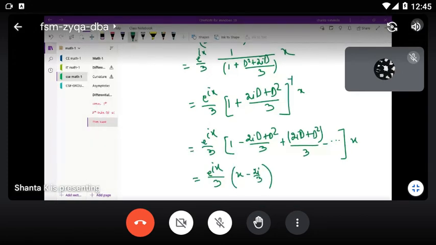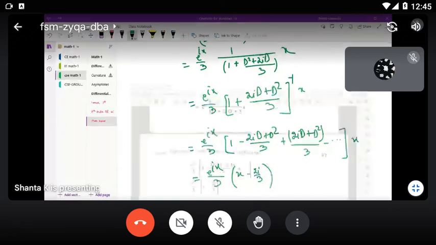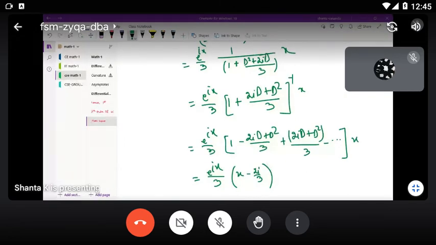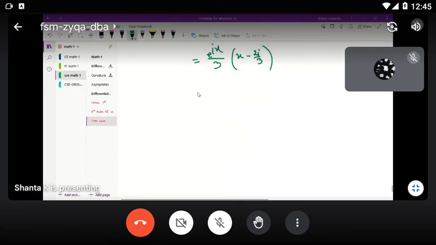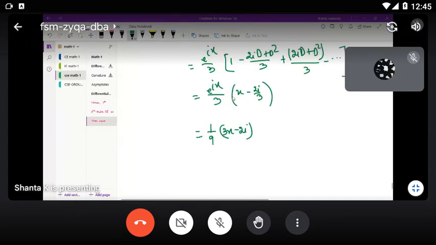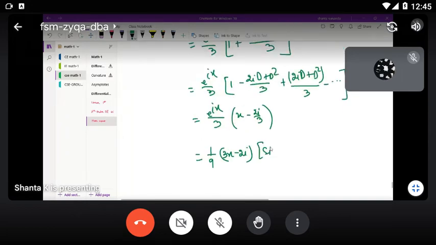Here you see what you are getting: x minus 2i by 3. So 1 by 9 into 3x minus 2i, and this e power ix will be cos x plus i sin x.